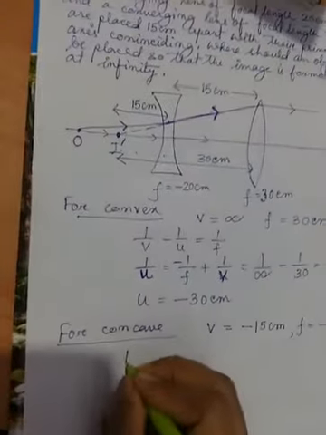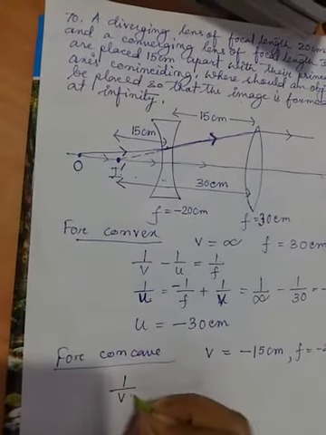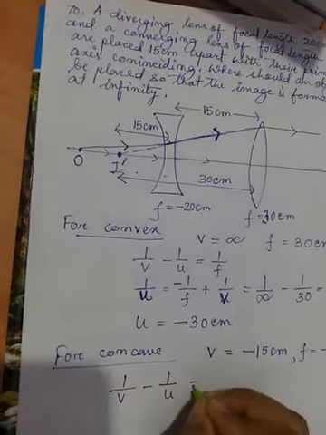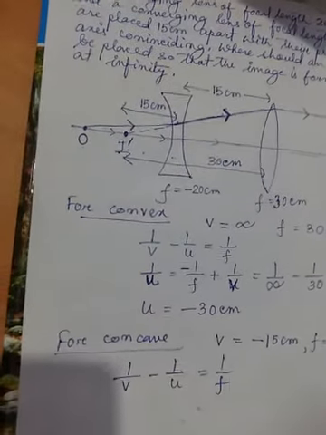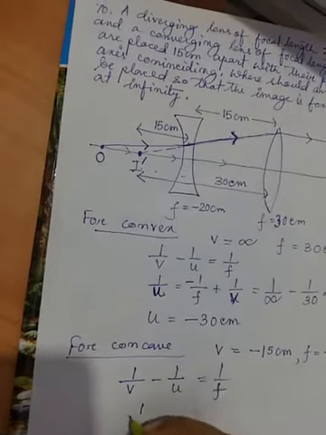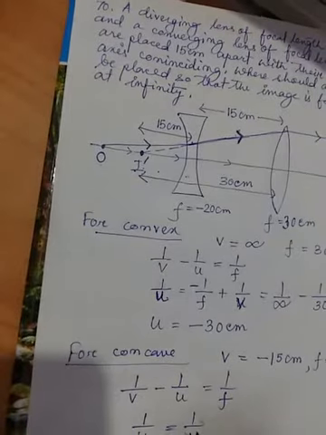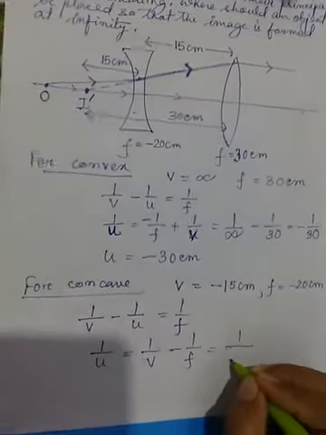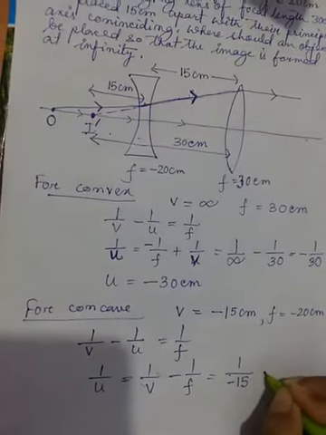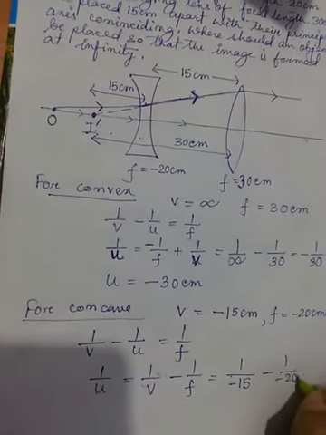Again the lens equation, 1 by v minus 1 by u equals 1 by f, so 1 by u equals 1 by v minus 1 by f, which equals 1 by minus 15 minus 1 by minus 20.